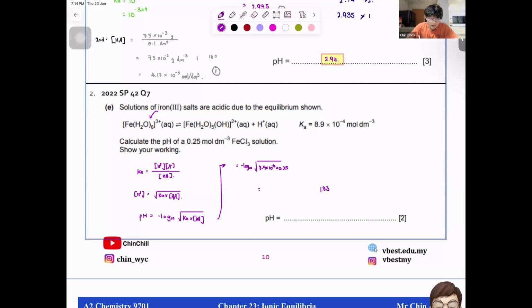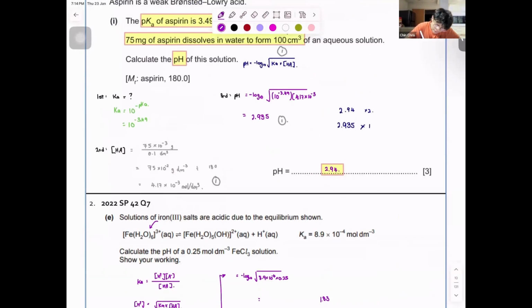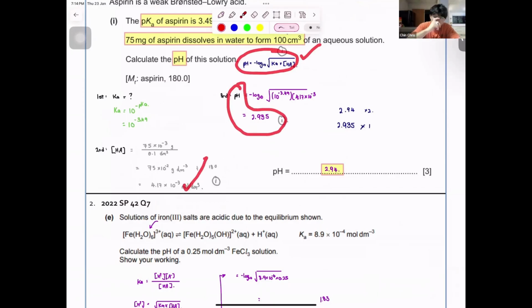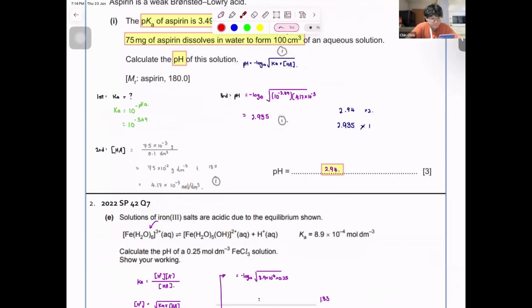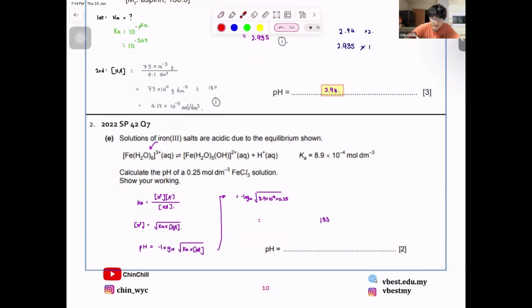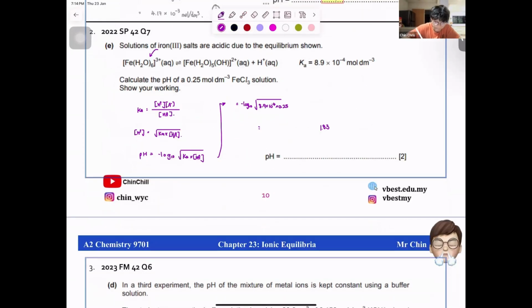Okay, I can see the mark scheme again. 1 mark for the equation, then 1 mark for the pH, 1 mark for the concentration of HA. That's it. This is 1.83, right?